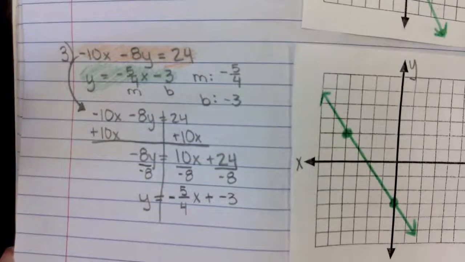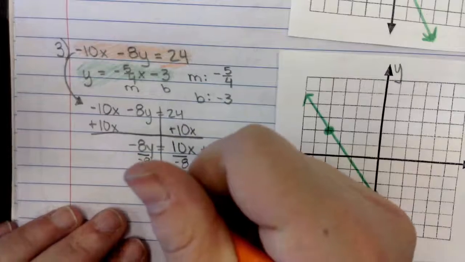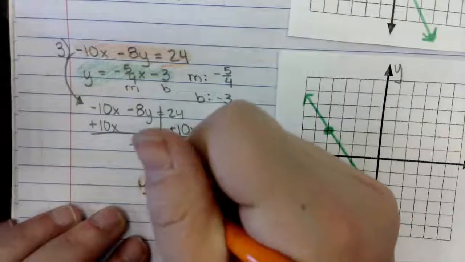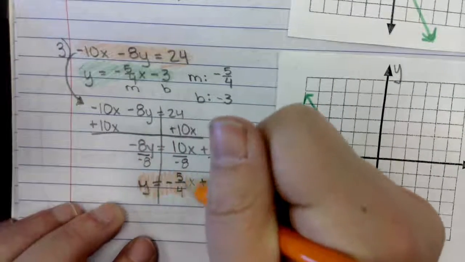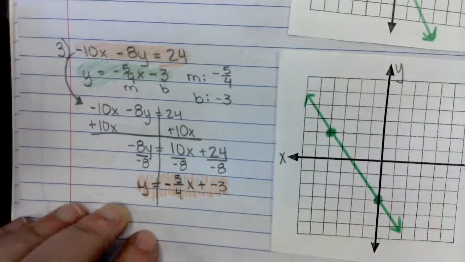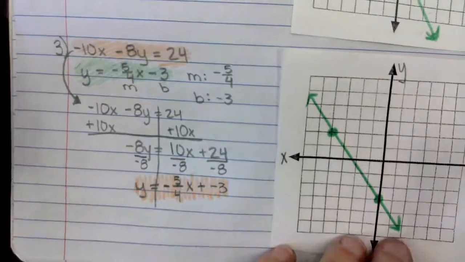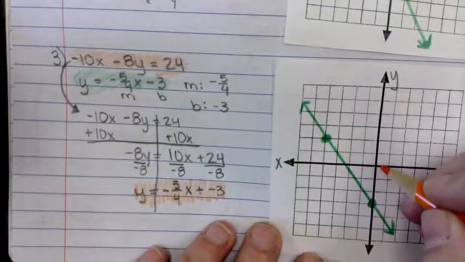Alright, so where are we going to start on our graph? Negative 3. Oh, we already have a point there. Awesome. My slope is negative 5/4. So am I going to go up 5 or down 5? We'd like to go down 5. Can we? Nope.